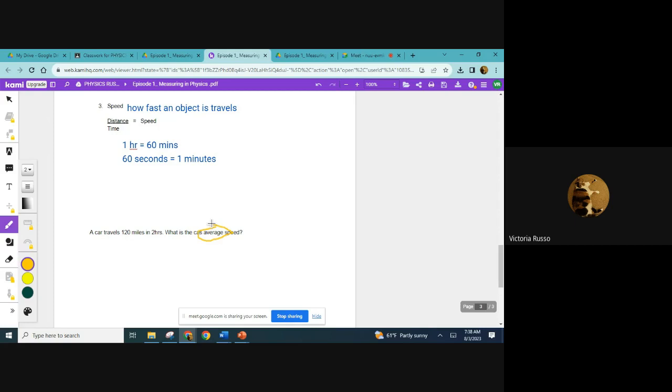If you took physics, you learned about something called instantaneous speed, and that is the derivative, which we're not going to learn in calculus, but there's a difference: average speed is your speed over time, whereas instantaneous speed is your speed at a given point. That would be when you're looking at your speedometer, and at a certain point while you're driving, that's your speed. Maybe you're driving 72 miles per hour at that particular time, but that is not your speed for the entire trip.